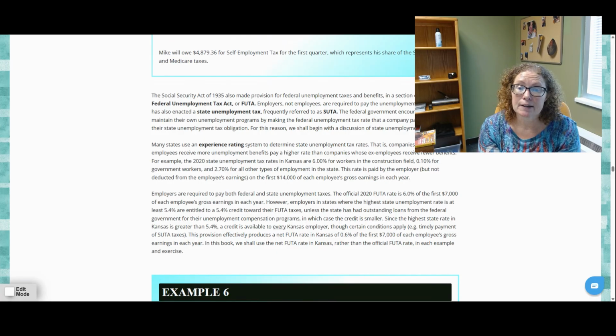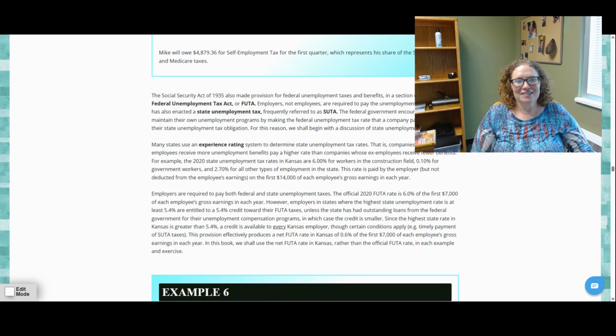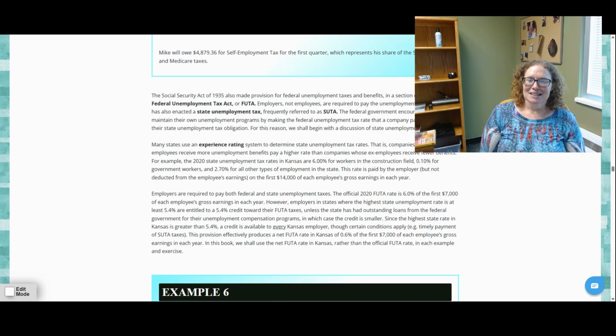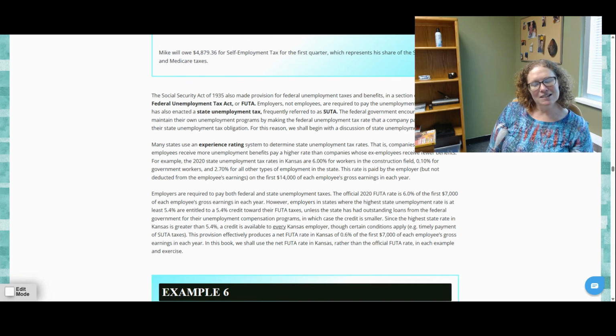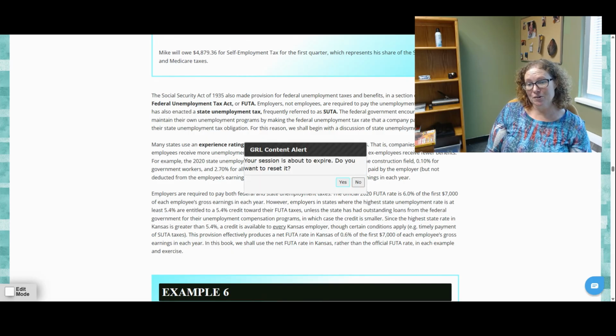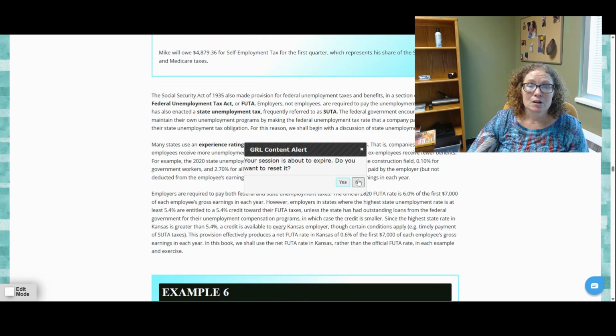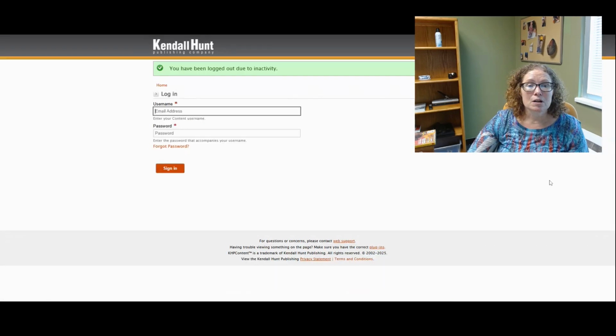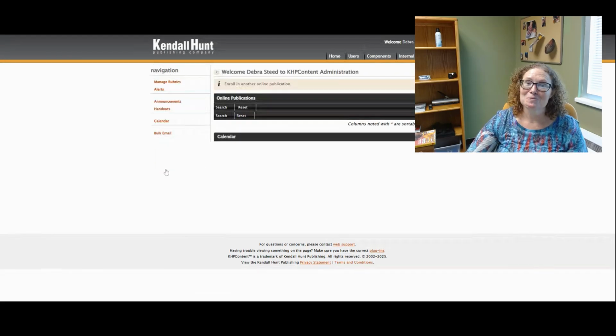However, if the state has a high state unemployment rate, which is at least 5.4%, then they are entitled to a 5.4% credit toward their FUTA taxes. So, since we're looking at Kansas, the highest state rate in Kansas is greater than 5.4%, so a credit would be available to those employees.